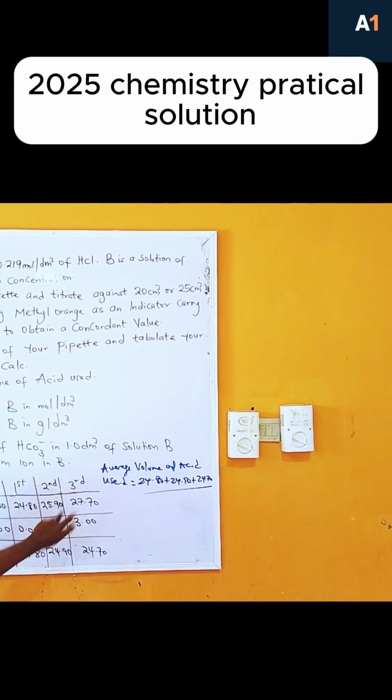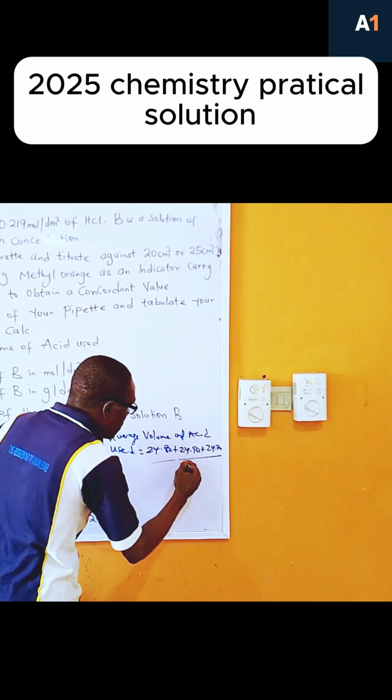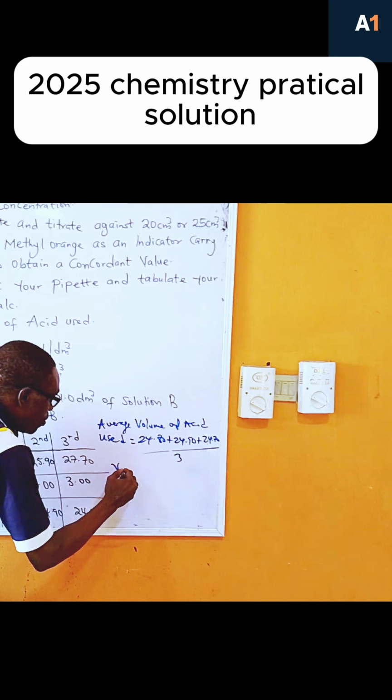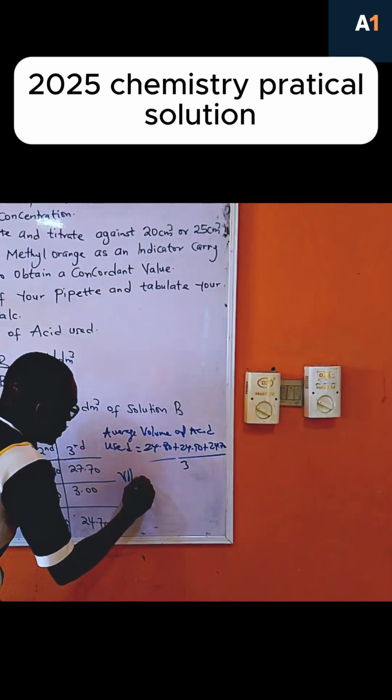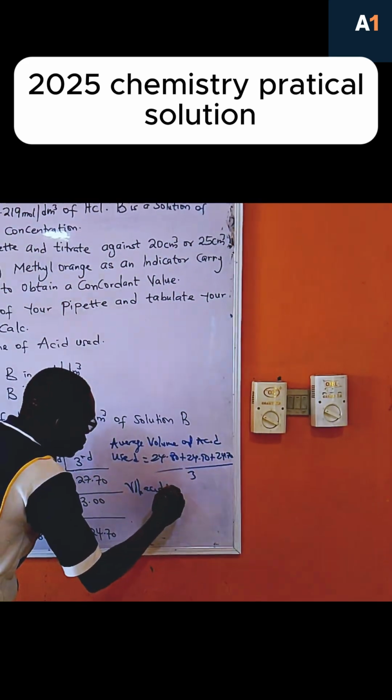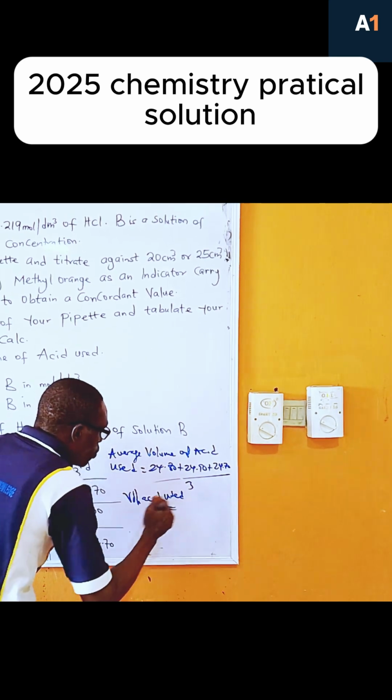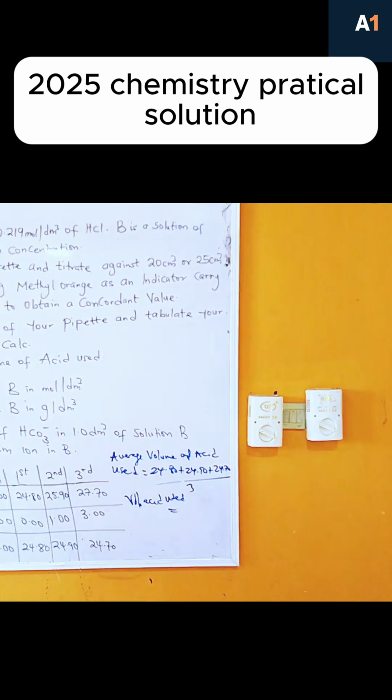So meaning you use 1, 2, 3, then you divide it by 3 to get the volume of acid used, which is equal to, so let's add everything together.